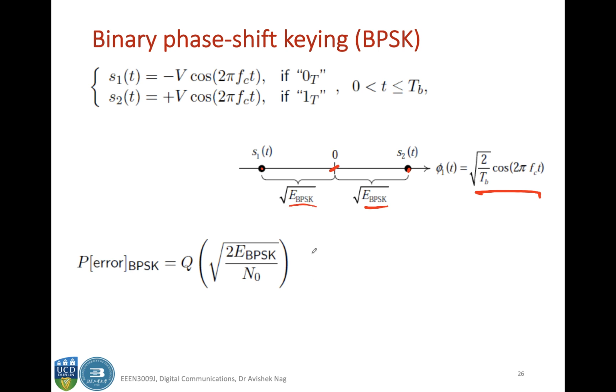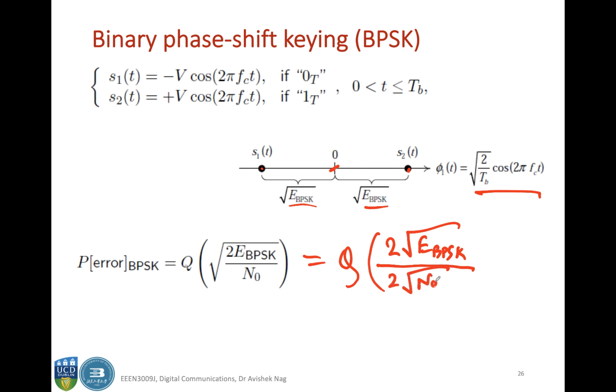Then you can calculate the probability of error again by writing down the Q of the distance between the two signals in the numerator, and the distance between the two signals is square root of EBPSK plus square root of EBPSK, so twice square root of EBPSK, divided by 2 times the noise RMS bandwidth.